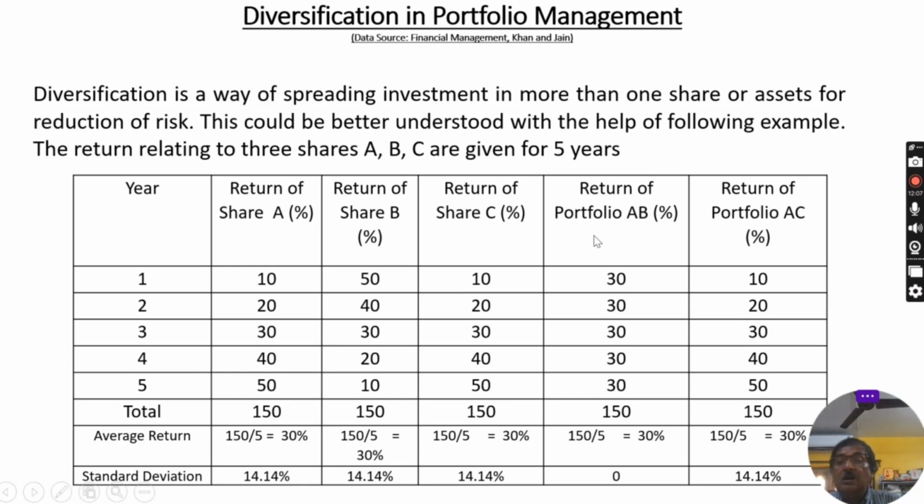This is the basic concept of diversification. That means by diversification or forming a portfolio, mixing 50% of share A and 50% of your investment money to share B, you can reduce the risk even to zero. And this is the diversification of shares.